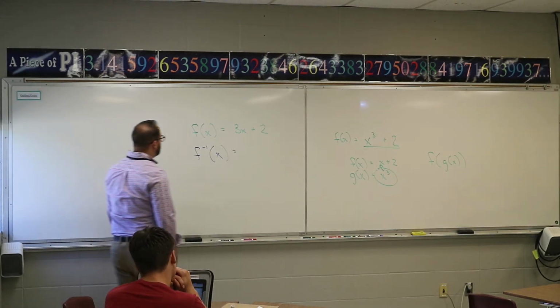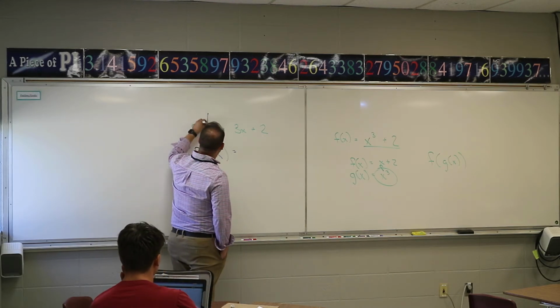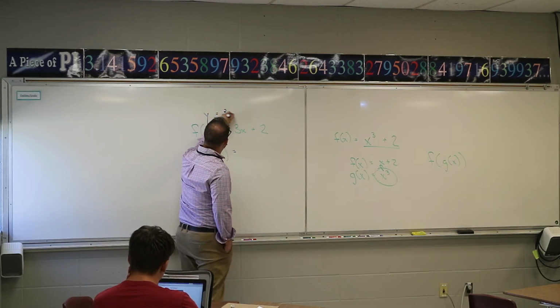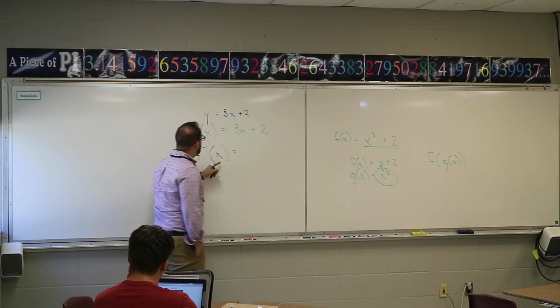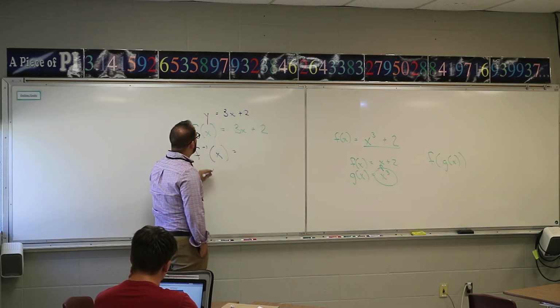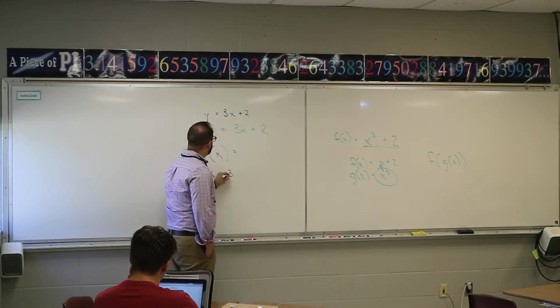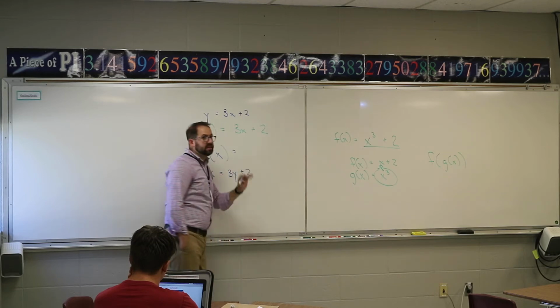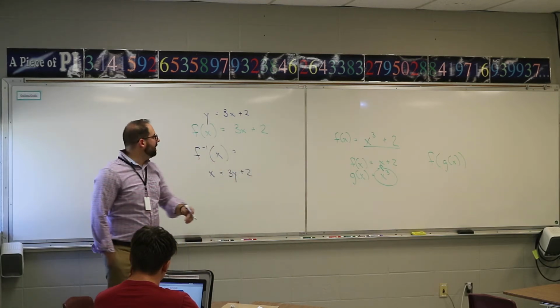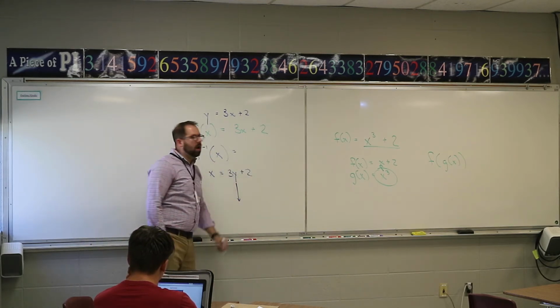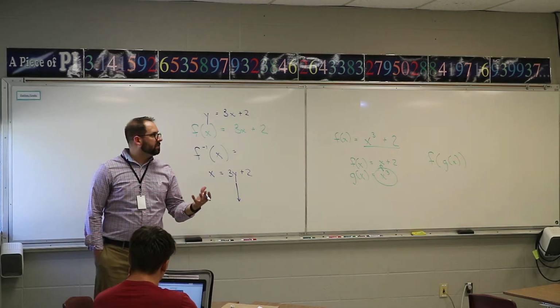An inverse function is basically, this is my original function. An inverse is where they take the x and y and they switch their locations. They literally switch the x and y's, and then they resolve for y. That's what an inverse means.